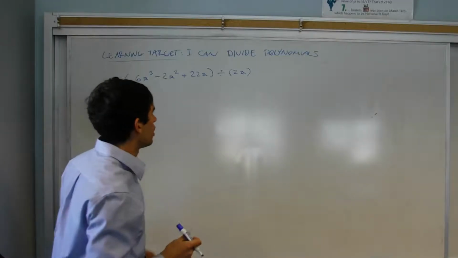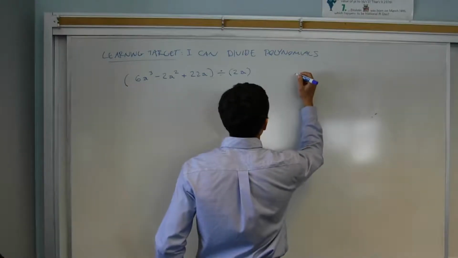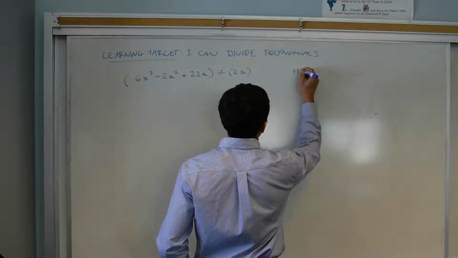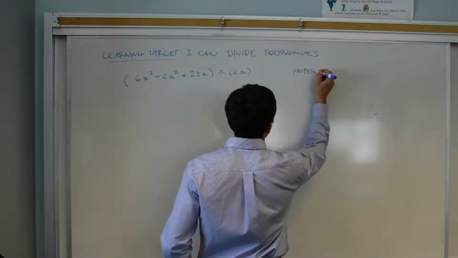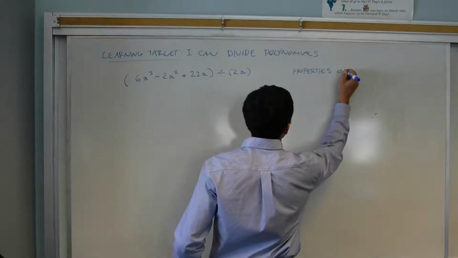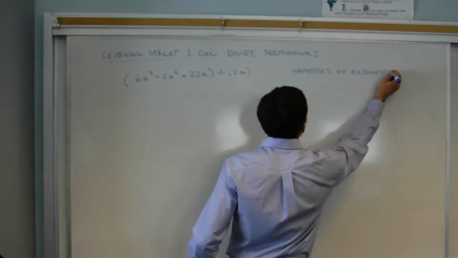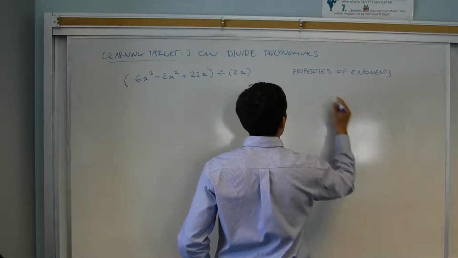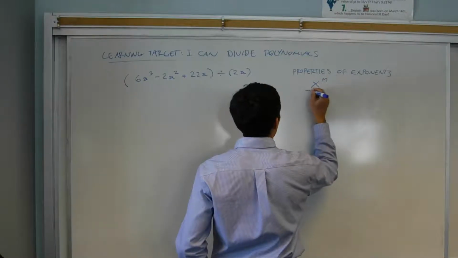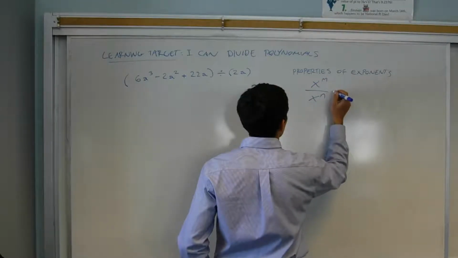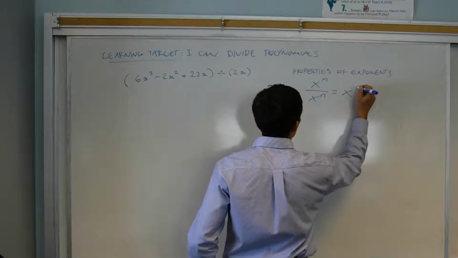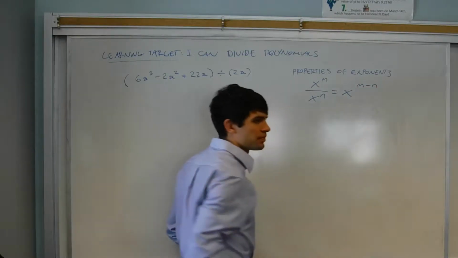So now recall that with our properties of exponents, if we divide x to the m by x to the n, that is equal to x to the m minus n.